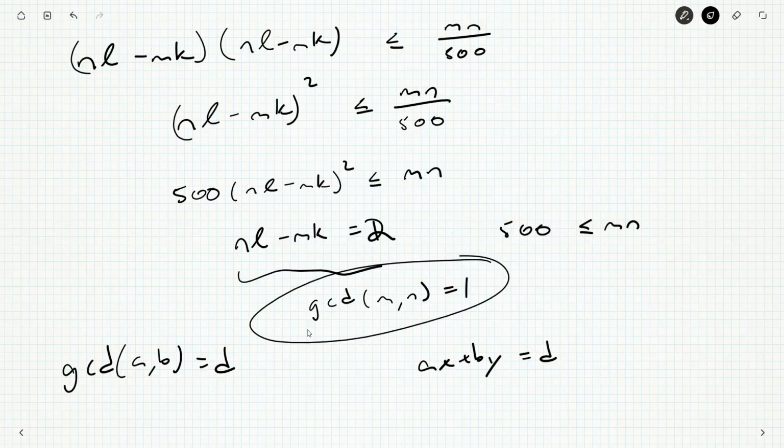And if I can find X and Y so that AX plus BY is equal to some number, then that number has got to be a multiple of the GCD of A and B. So if you're down to 1, well, it's going to have to be equal to 1, because the GCD needs to divide A, B, and this 1. Well, only 1 divides 1, really. Okay, so that's, in case you didn't know that about the GCD, we've got that going on there.